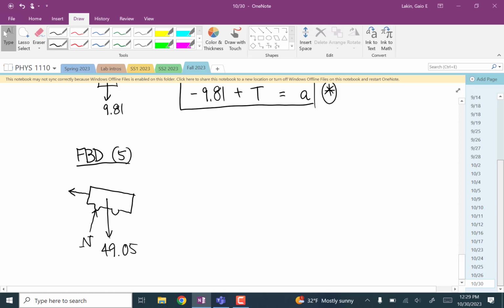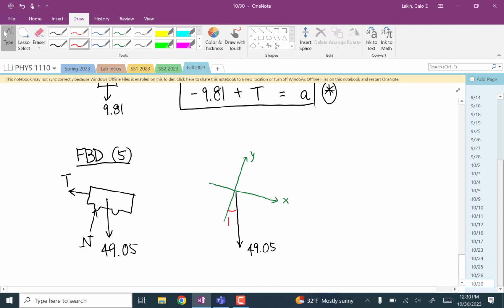And there's a pulling force from the cable with the same magnitude as in the first body. And one thing we're going to have to do here, since we have this rotated coordinate system, is figure out the components for the weight force. So it has a magnitude of 49.05.